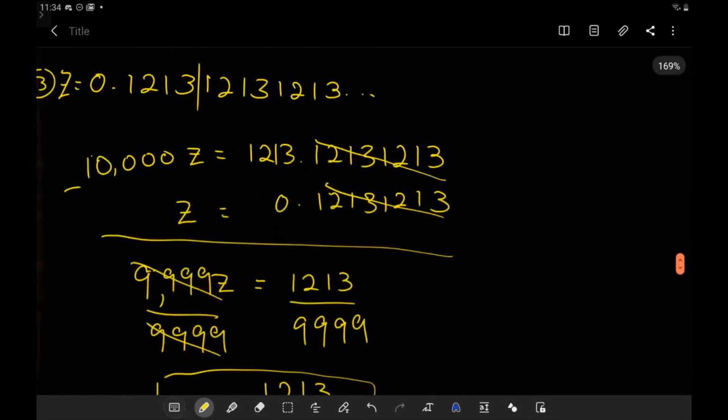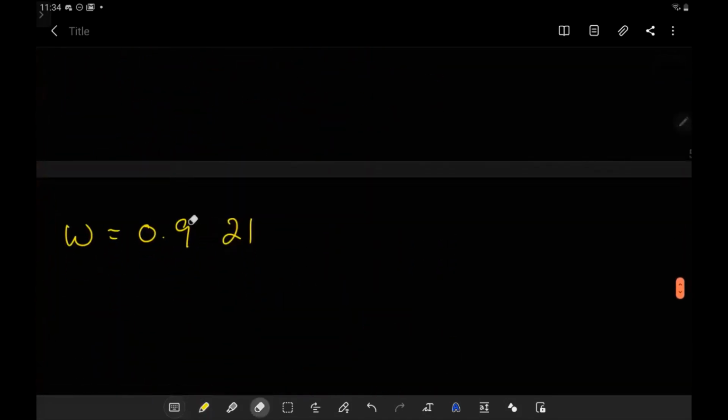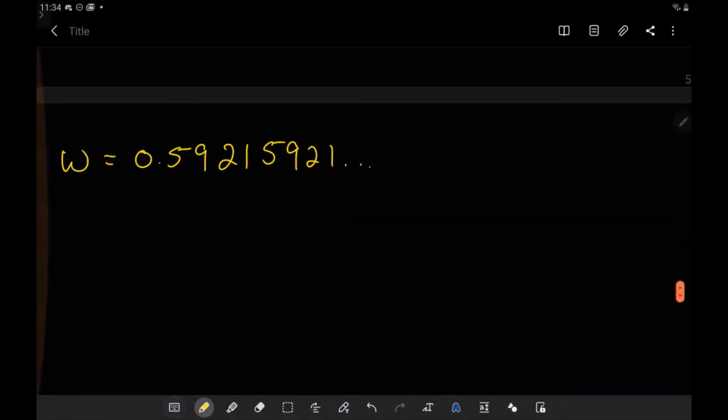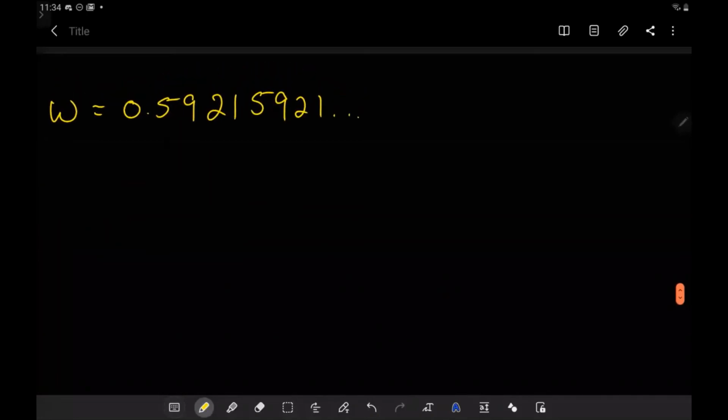So this is 5921, 5921, and so on. Where did the pattern stop? By the 1, so that's here.